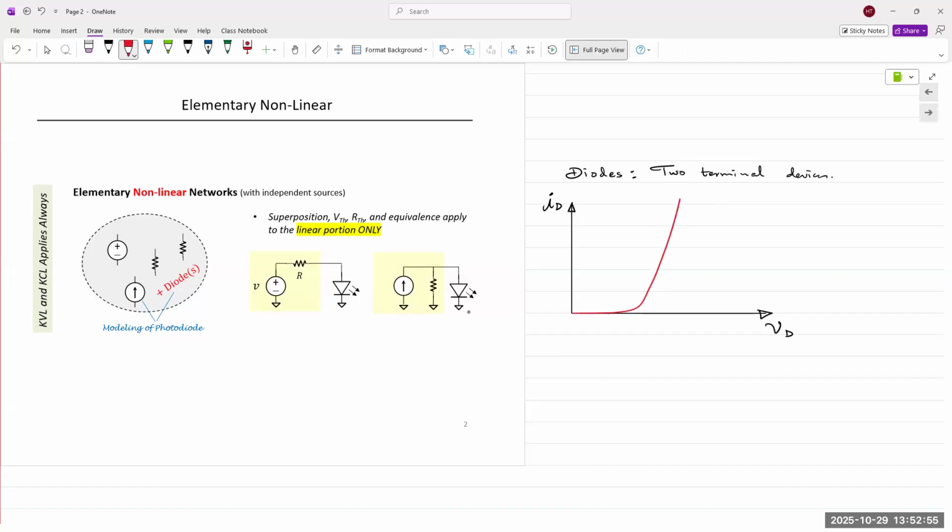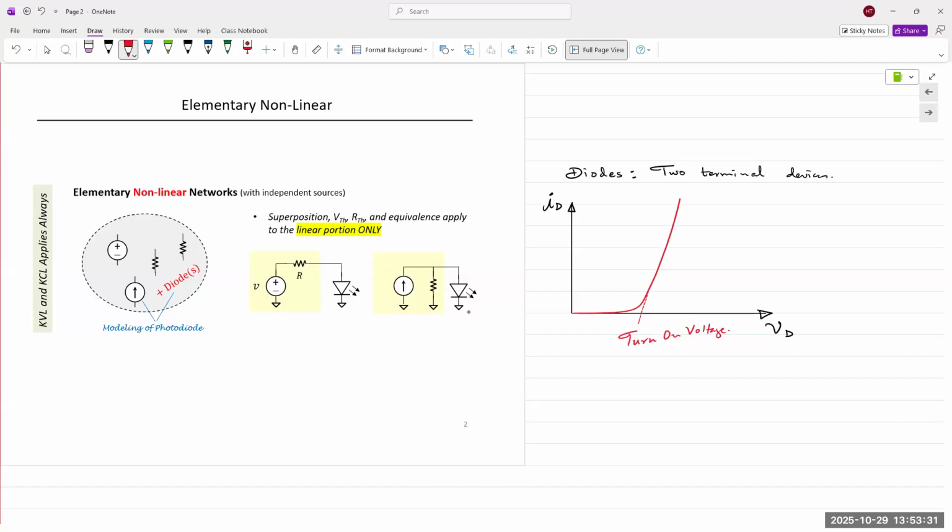There are some linear portions, meaning once it turns on, right here, after it turns on, this is known as the turn on voltage. Until this voltage is applied to the diode, you would not see any current flowing through. But once it goes past the turn on voltage, then the current increases rapidly. In that specific portion, we can state that it might be linear, but that's a different thing. Overall, the device is non-linear.